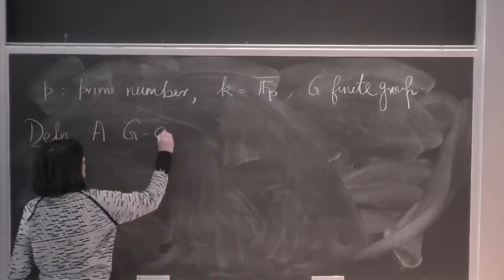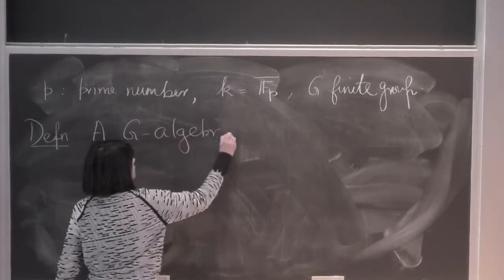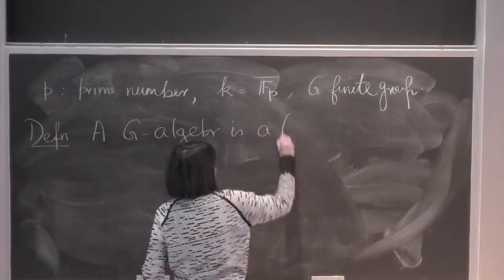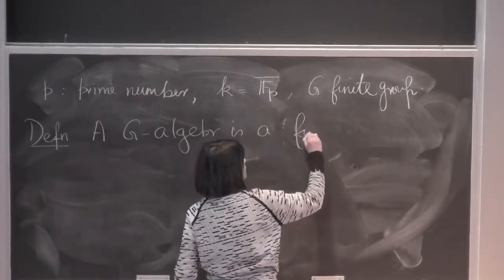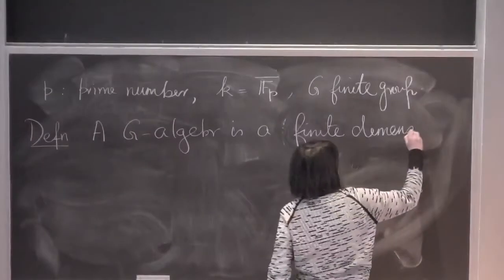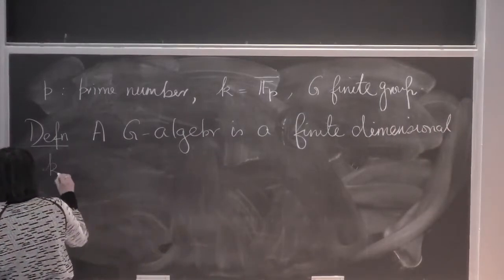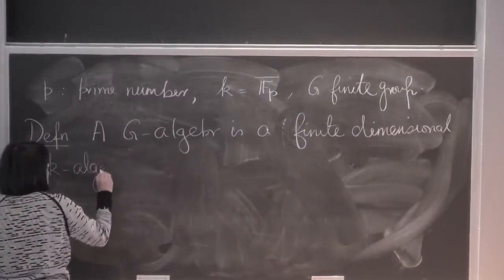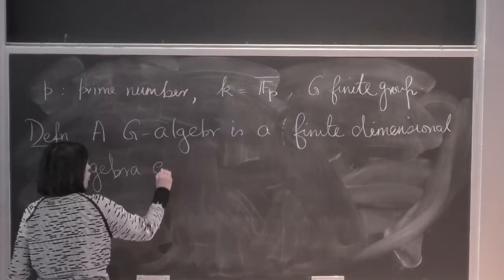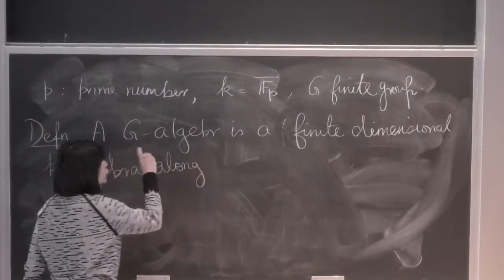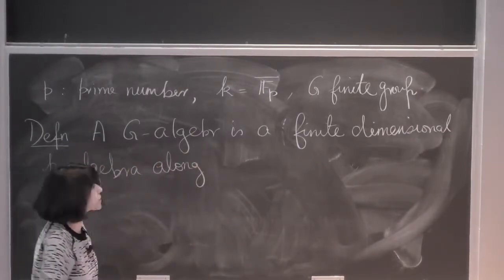So a G-algebra is, for me, always finite dimensional. A finite dimensional k-algebra, along with an action of G by algebra automorphisms on A.